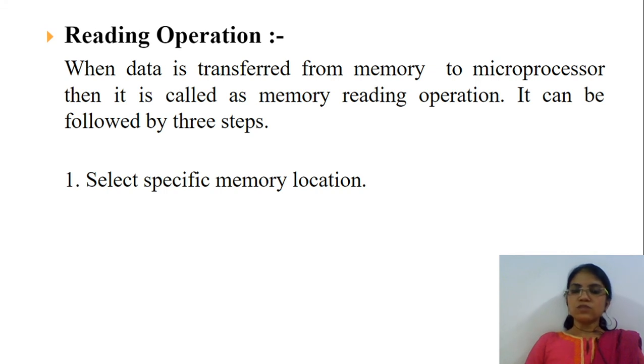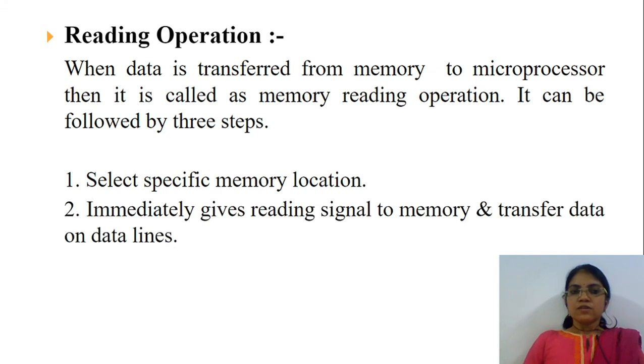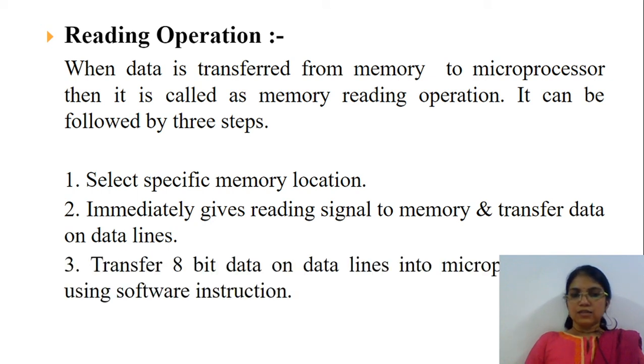Here also we are doing the same. The second step is, after selecting the specified memory location, immediately give the reading signal to the memory and transfer data on data lines. And the third step is to transfer the 8-bit data on data lines into the microprocessor by using a software instruction.